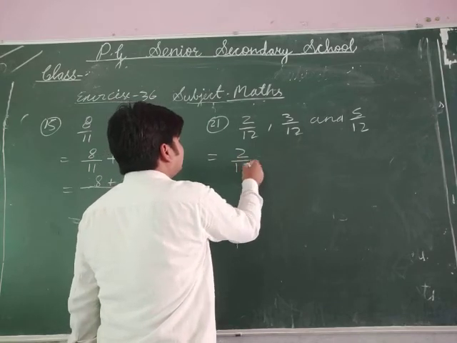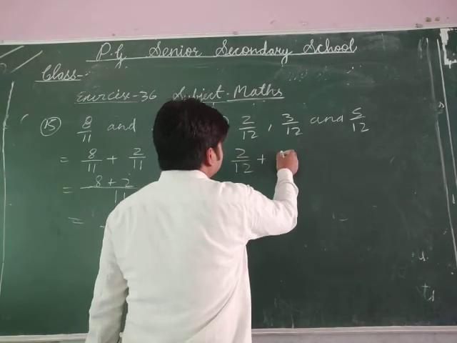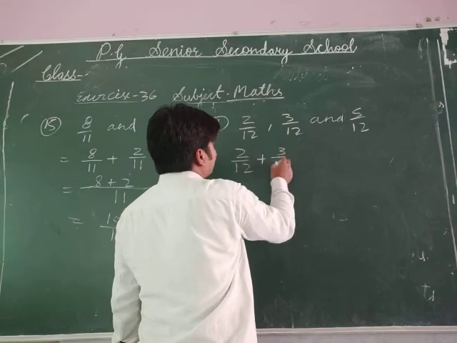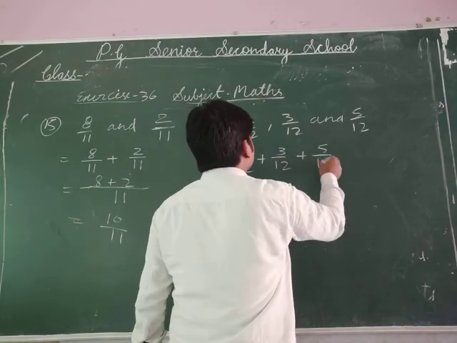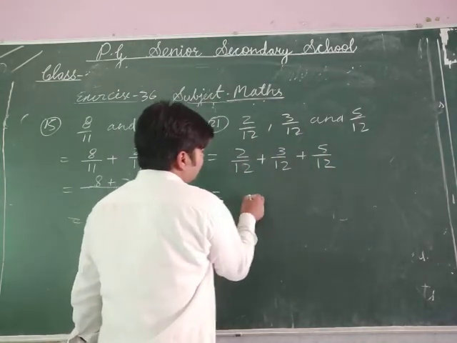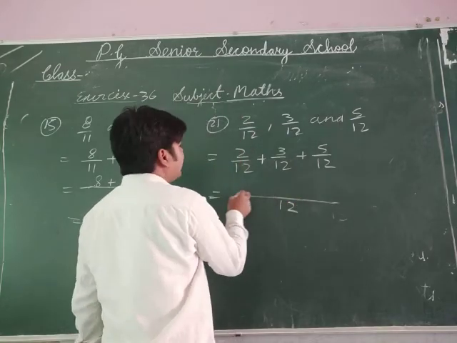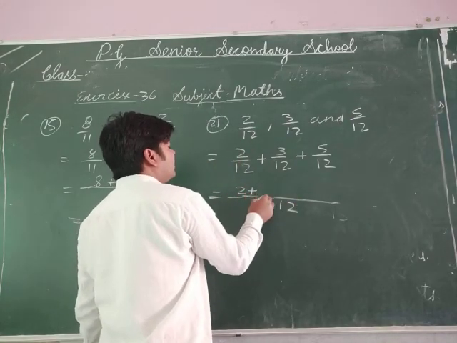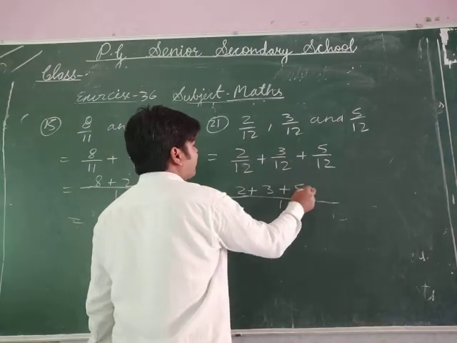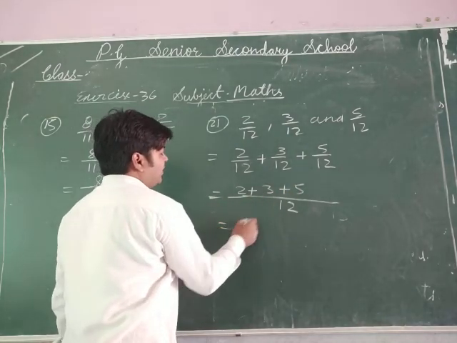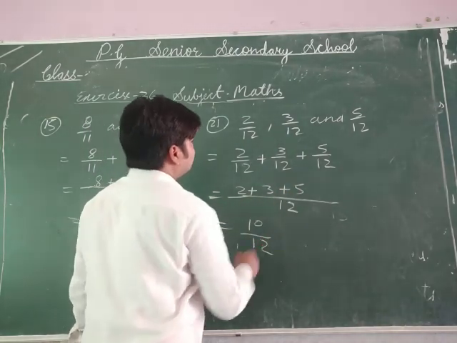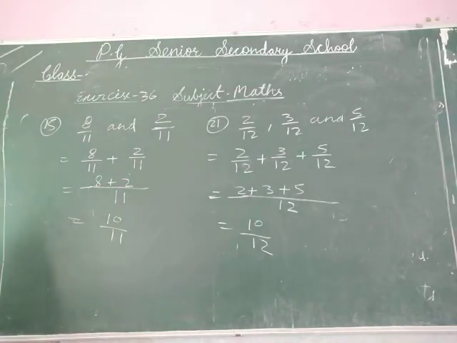Firstly you will write these fractions with a plus sign. Now the denominator will be downside and upside you will add the numerators: 2, 3, 5, 5, 10. 10 upon 12 is your answer. Okay.